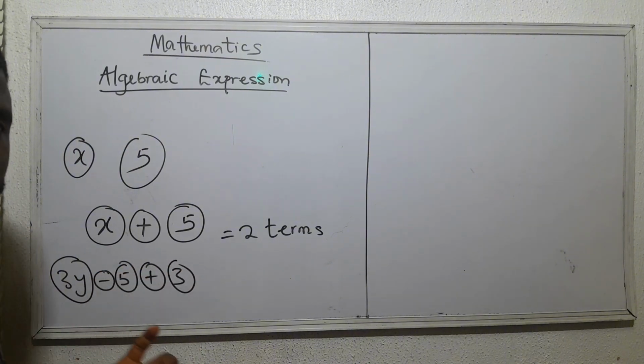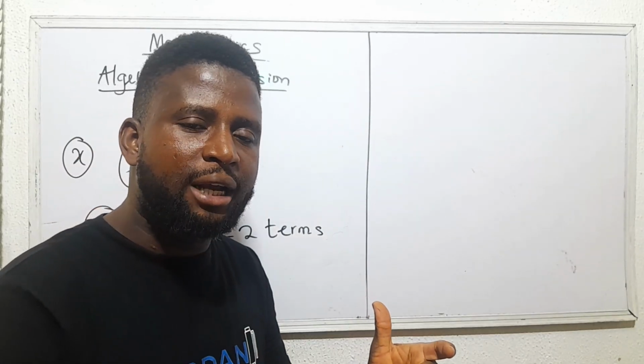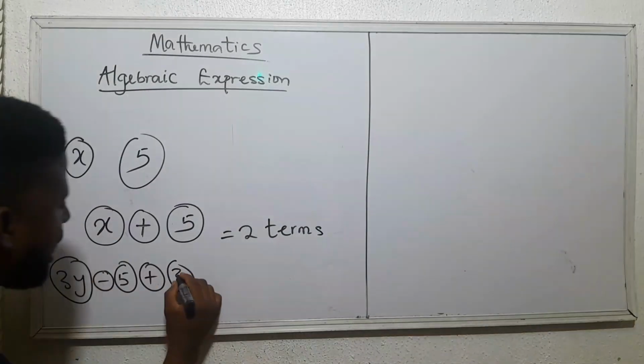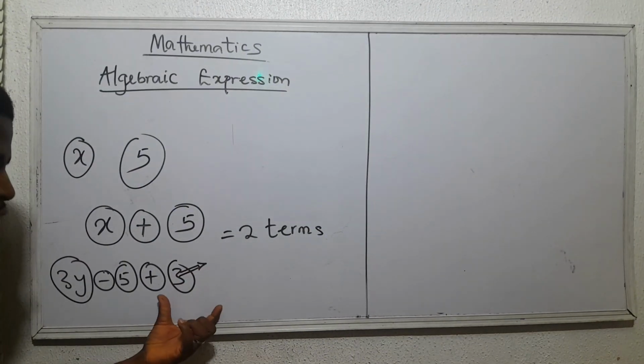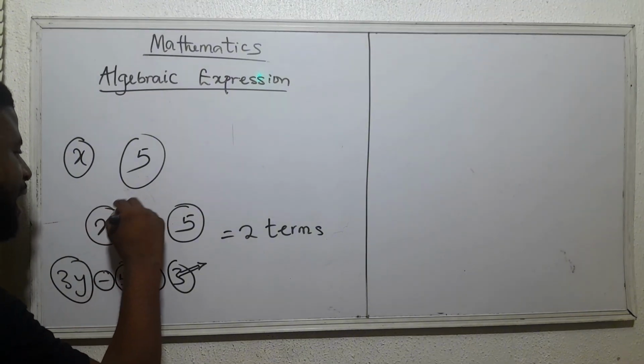Now what does that mean? It simply means that a term can be a single number that is a constant, just as we have here. 3 is a constant. It's a single constant and it is also called a term. So a term could be a single constant, could be a single variable, just as we have here, x.